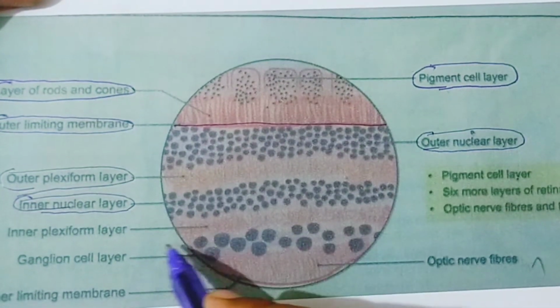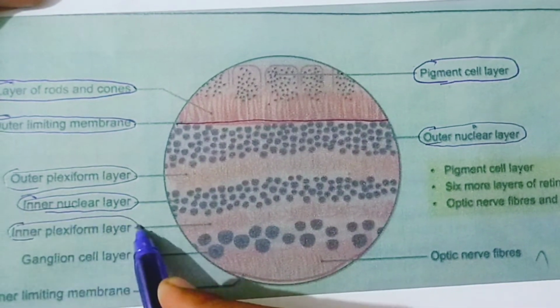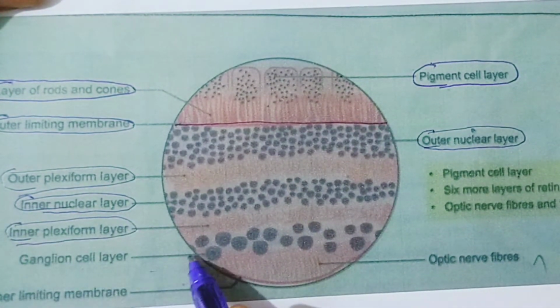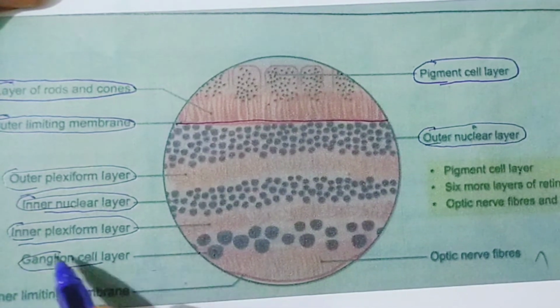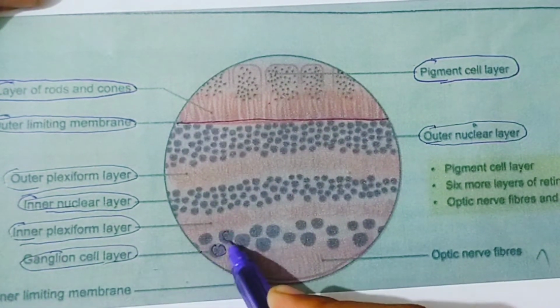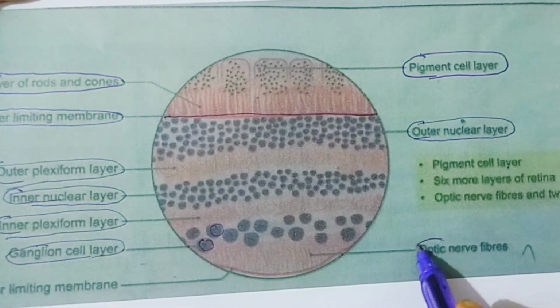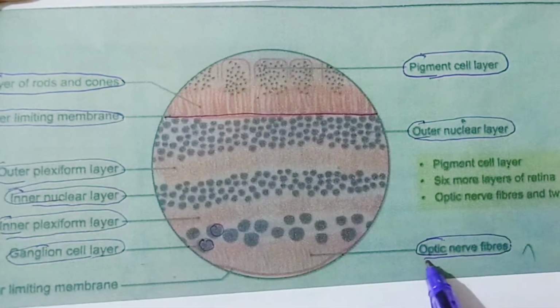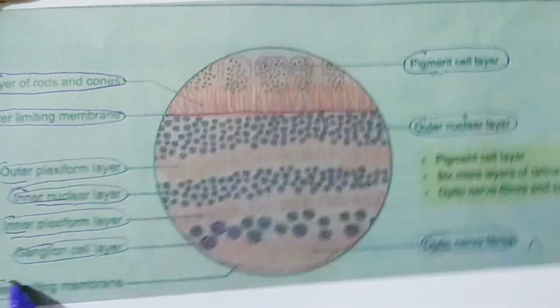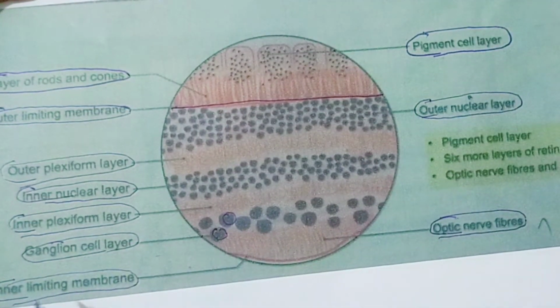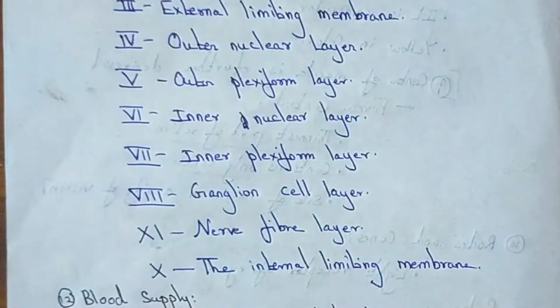This is the sixth layer, and the inner plexiform layer, it's the seventh layer, and the inner ganglionic layer, it's the eighth layer. You can see large nucleus here. And the optic nerve fiber layer, it's the ninth layer and the inner limiting membrane. This is the final layer. Hope you got this. Let's revise once again.